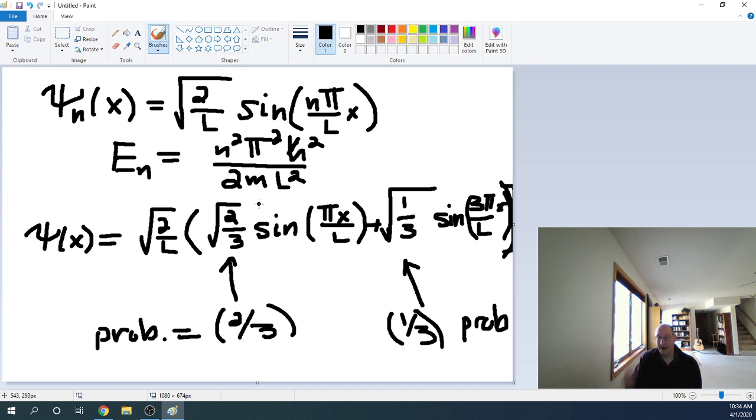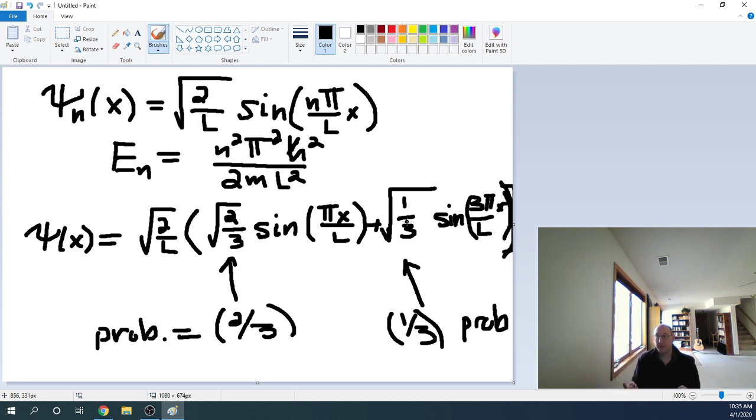So if you take a weighted average, 2/3 times energy 1 plus 1/3 times energy 3, add those together, and you get the average energy.